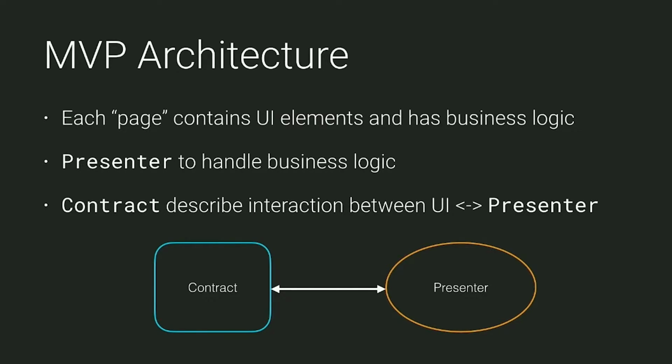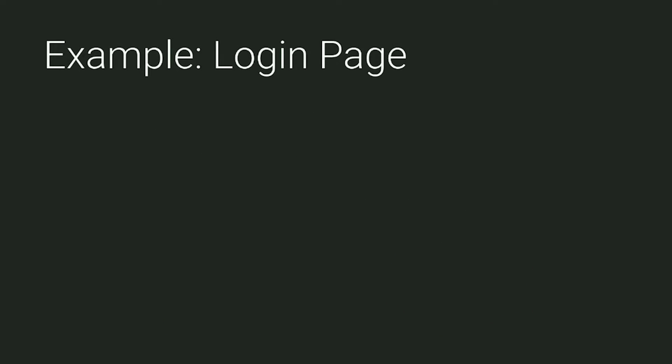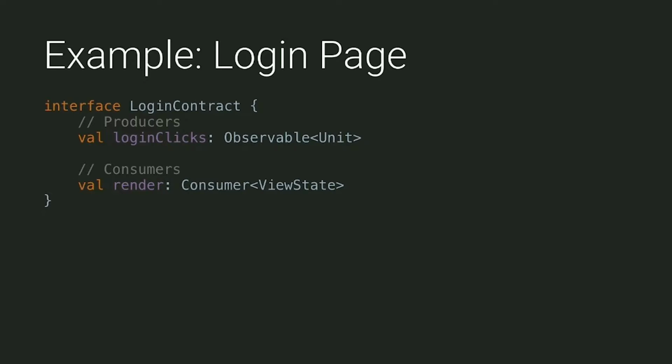So we came up with this simple contract that is responsible to describe and let the presenter know about what the user wants to do. As an example, we can talk about the login page that we have in Invoice2Go. We start by building the contract, in this case, a login contract. We describe normally our contract in two main sections.